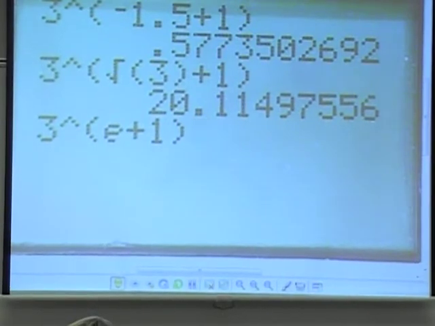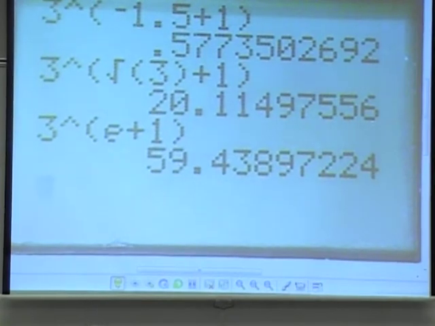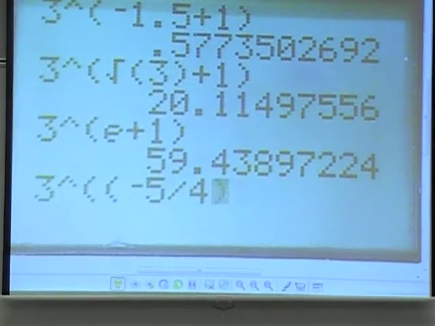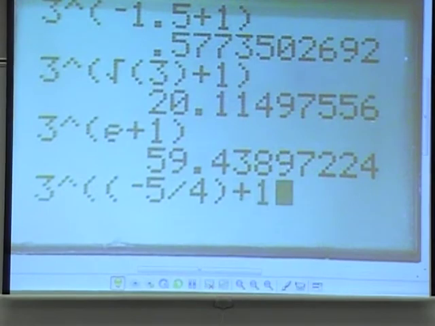Alright. 59.43897. Okay? And then the last one, negative 5/4. Notice they use double parentheses, so I have to group the fraction together.